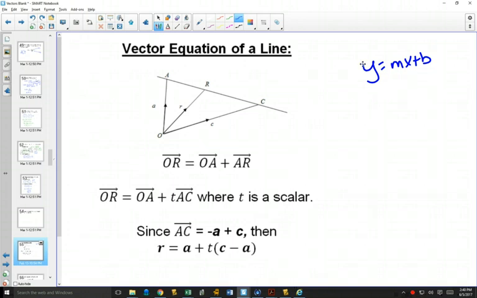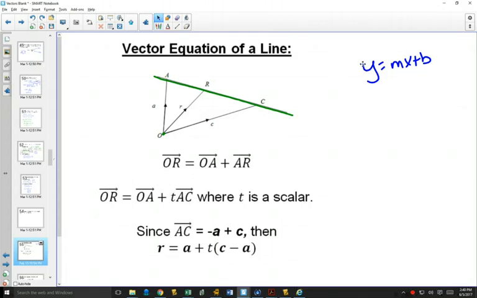So here I've got a line. It's going through the point A, it's going through the point R, and it's going through the point C. And somewhere you have an origin. So this could be in 2 dimensions or in 3 dimensions. And the way that we define an equation of a line with vectors is we say, take any point on the line. It doesn't matter where.